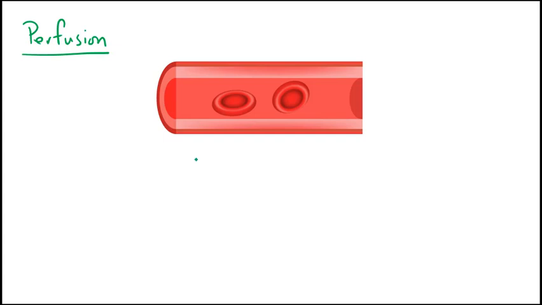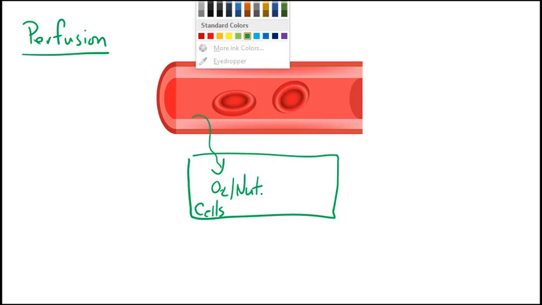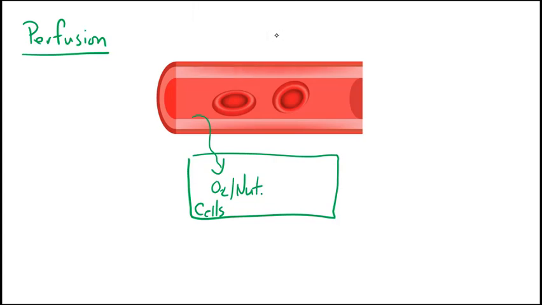When perfusion is good, the cells receive the necessary oxygen and nutrients they need to do their job. Remember though, this blood flow is also important for transporting the CO2 and the waste away so that they can be eliminated.